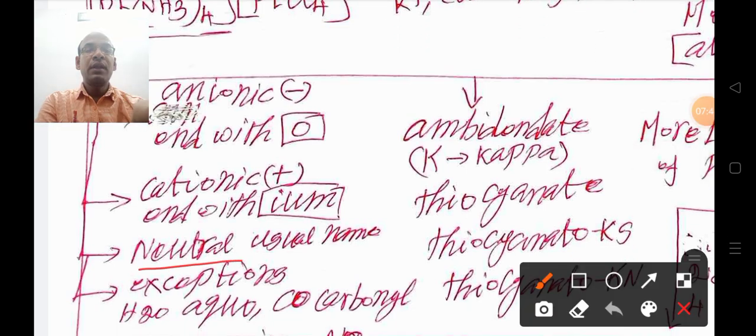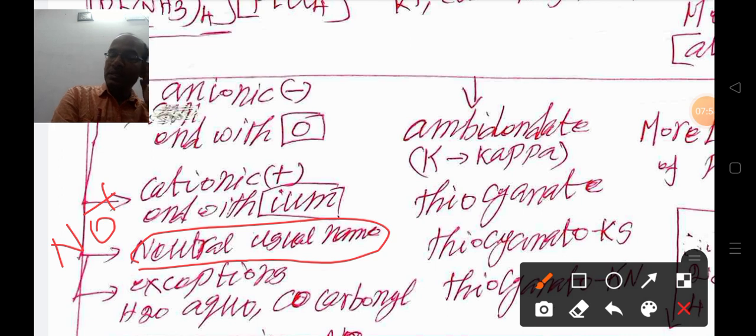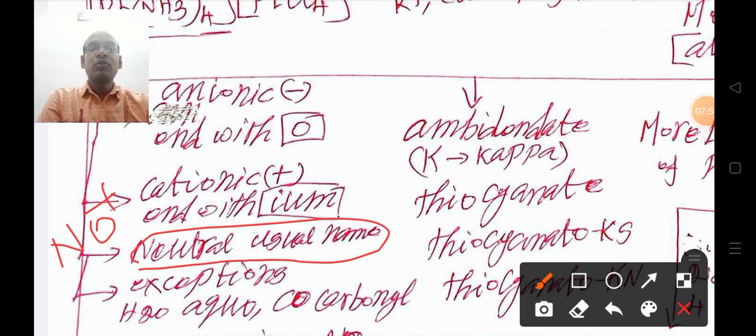Neutral ligands use the usual name. In your book, no neutral ligand of this kind is given, but in a 1 mark question, NO+, the nitrosonium ion, is asked in a book back question.